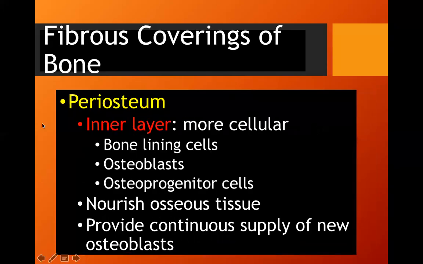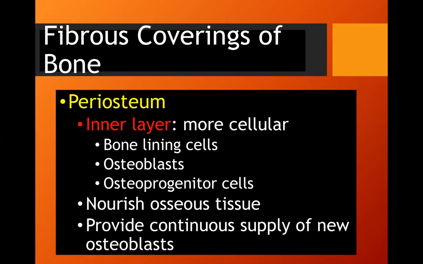Let's go back to the periosteum inner layer. The inner layer, on the other hand, is more cellular. These are the bone cells that we've learned from the first part of the lecture: the bone lining cells, the osteoblasts, and the osteoprogenitor cells.